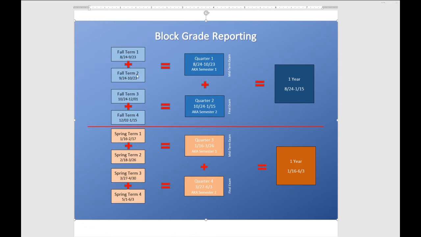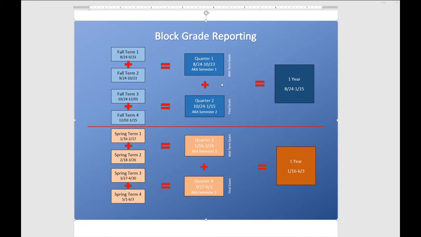The terminology here is not wrong, but it's representing a different amount of time. So this term is representing 4.5 weeks, but a term is actually a 9-week period. So this is 9 weeks, this is 9 weeks, this is 18 weeks. So the terms aren't incorrect. It's just representing a different amount of time than we're used to. So right now this is a semester of time, but the quarter is not incorrect.